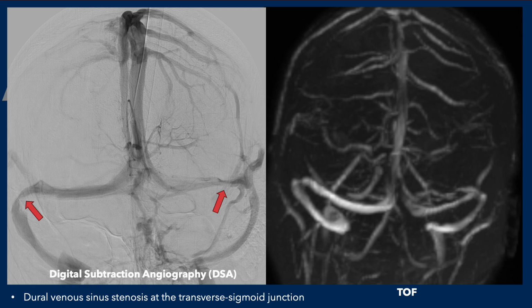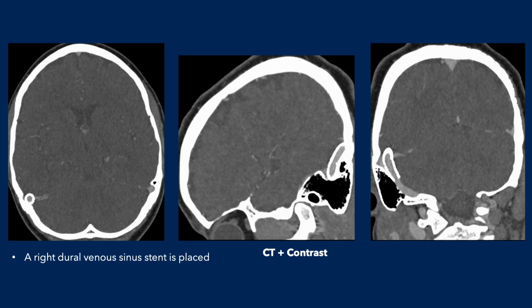On venous imaging, there is bilateral stenosis of the transverse sigmoid junction with turbulent flow leading to pulsatile tinnitus. This patient received a right dural venous sinus stent with resolution of the pulsatile tinnitus.